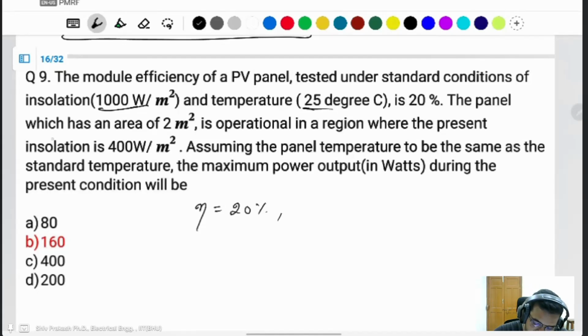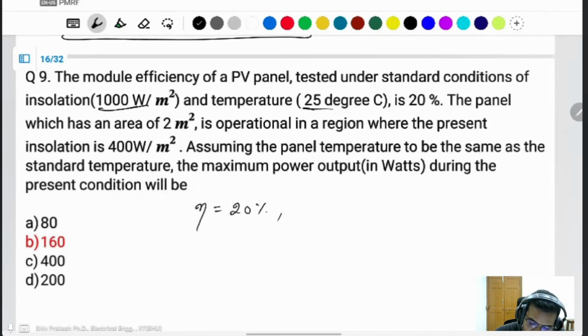The panel, which has an area of 2 meter square, is operational in a region where the present insolation is 400 watt per meter square only. Assuming the panel temperature to be the same as the standard temperature, find the maximum power output during the present condition.